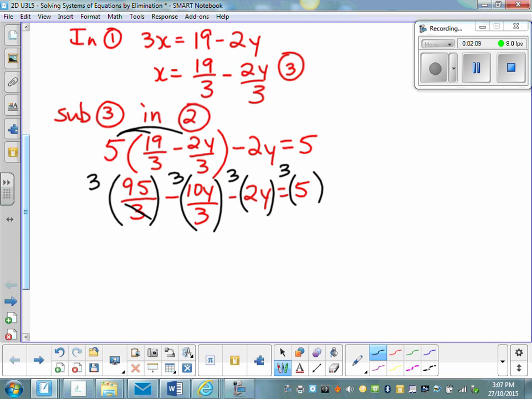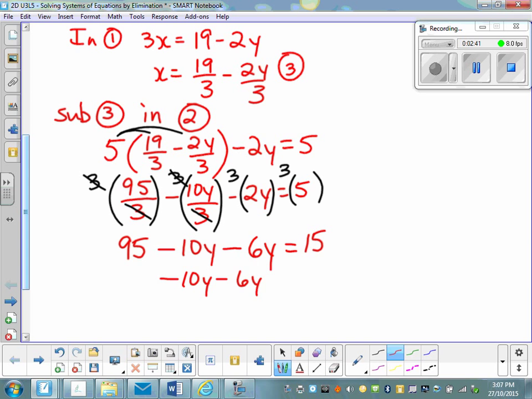Here, these 3's divide each other out, so I'm left with just 95 there. These two 3's divide each other out, so I'm just left with minus 10y there. And then 3 times 2y is going to give me 6y, and 3 times 5 is going to give me 15. So that's what it looks like when we clear the fraction.